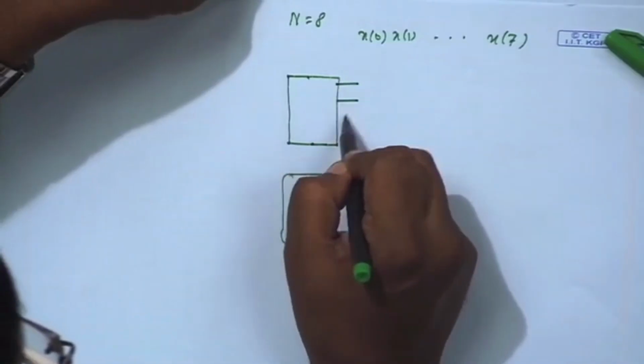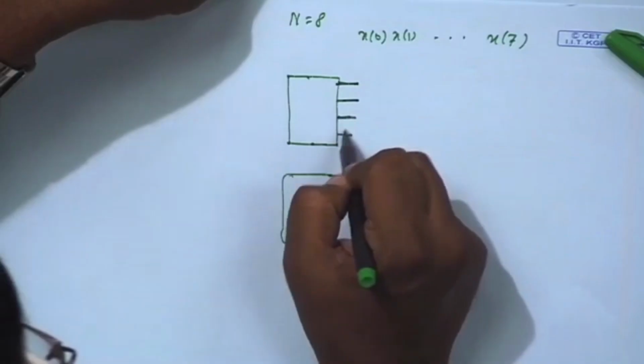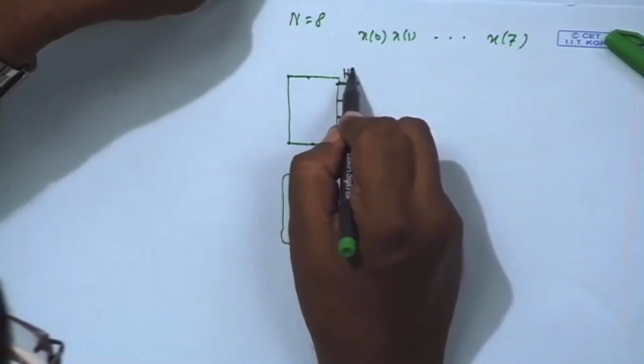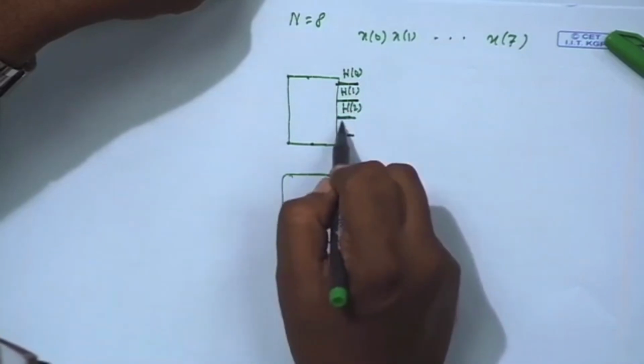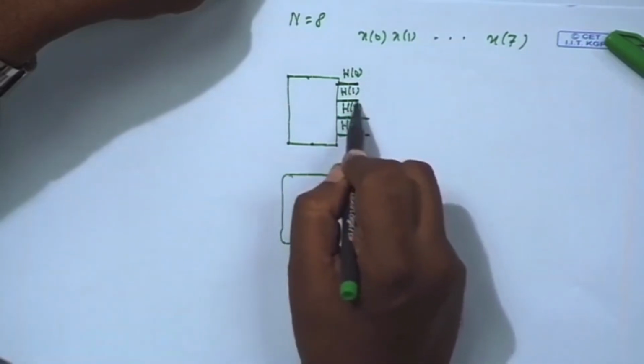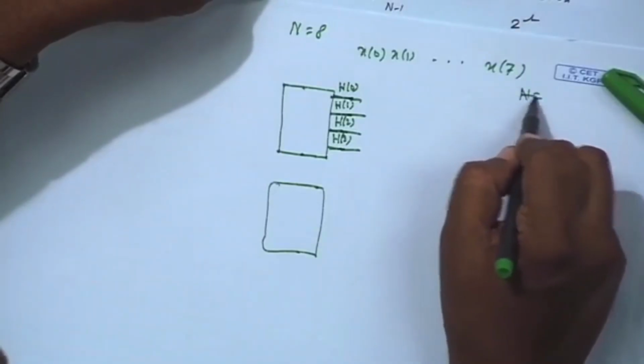Suppose I have got the H 0, H 1, H 2, H 3. Suppose they are available, because n is 8. So, n by 2 is 4.